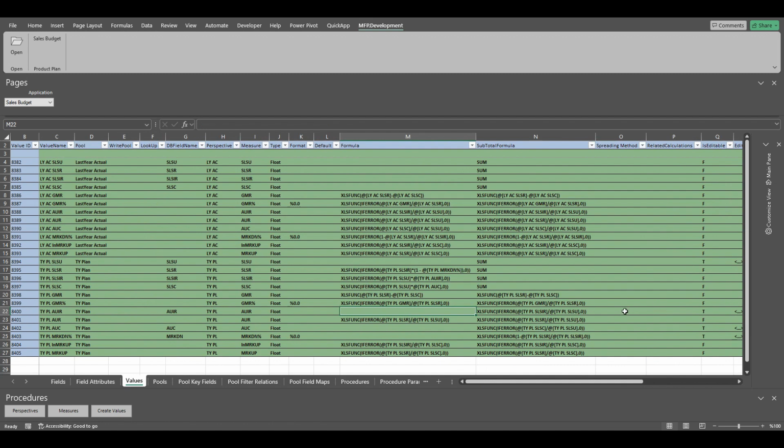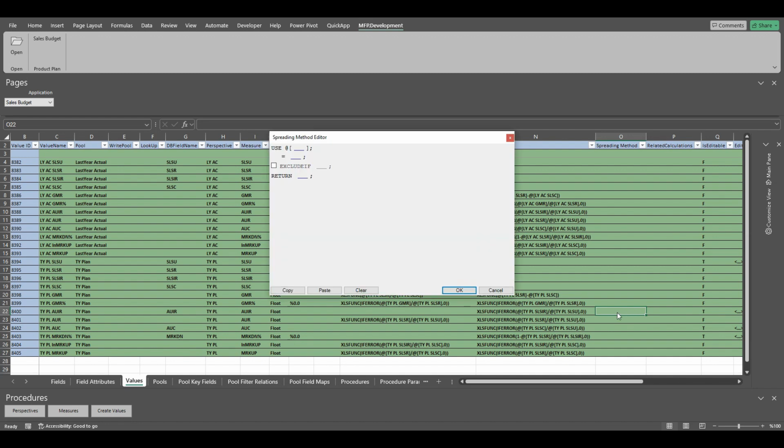To define the spreading method, double-click on the spreading method value, and the spreading method editor opens. In the UC section, we define by which value we'll do the spreading method. So, in our example, we're saying we'll do it based on the this year planned sales initial revenue.